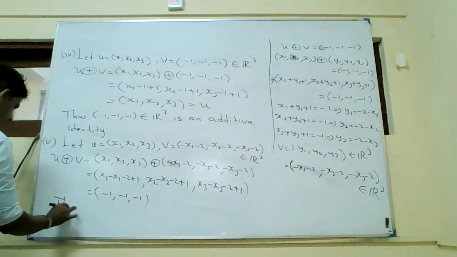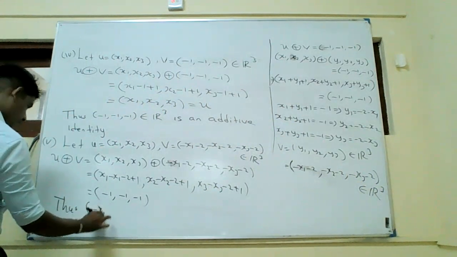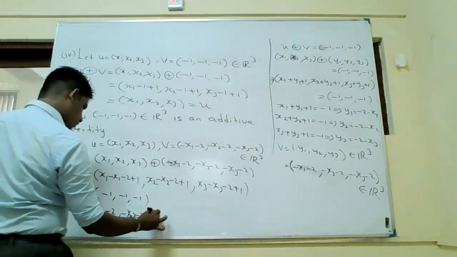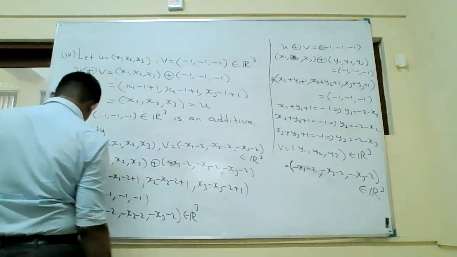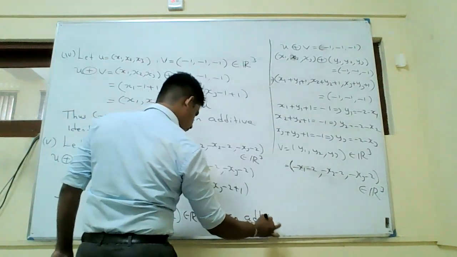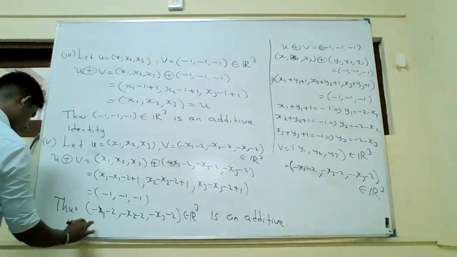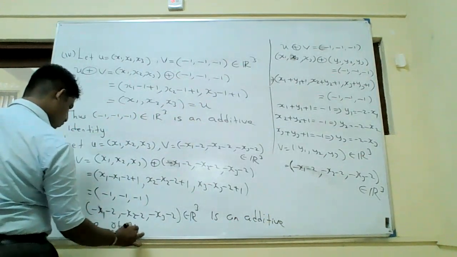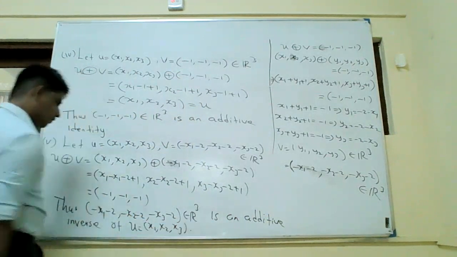Thus (-x1 - 2, -x2 - 2, -x3 - 2) belonging to R cube is an additive inverse of U, where U means (x1, x2, x3).